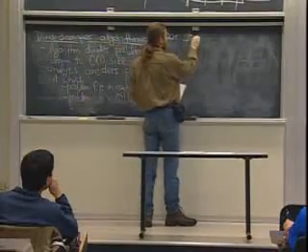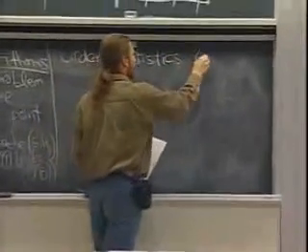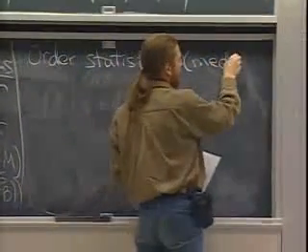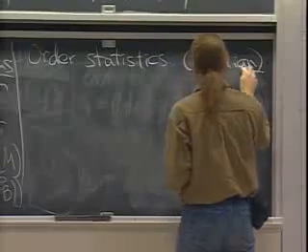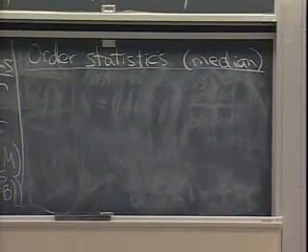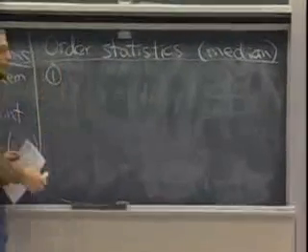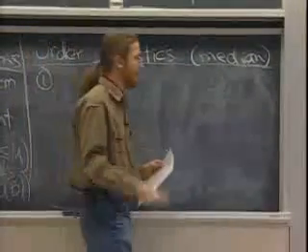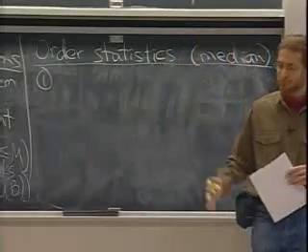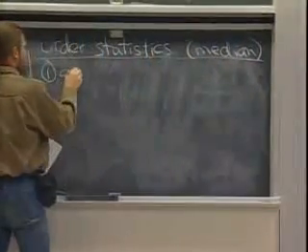Our good friend, order statistics, in particular for finding medians. So I hope you all know this by heart. Remember the worst case linear time median finding algorithm by Blum et al. I'll write this fast.